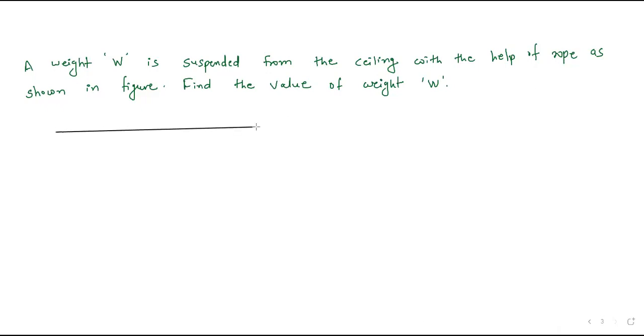So this is the ceiling. Now a rope is there which is suspended. This rope is like this. This is the ceiling surface.